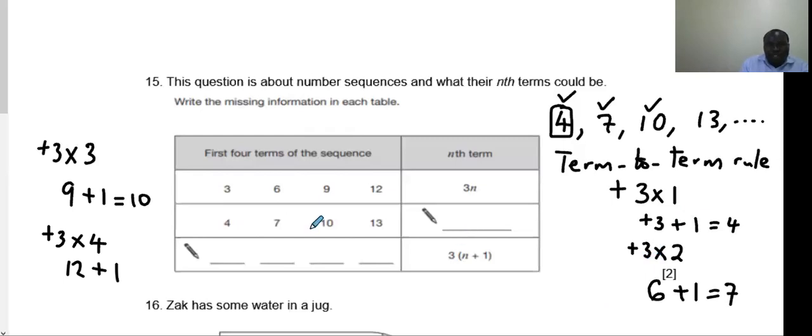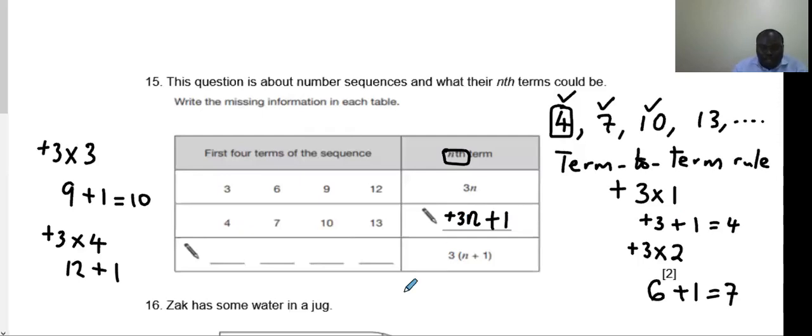So what do you think will be the nth term? The nth term will be the term to term rule, which is positive 3 times the position number for the nth term, which is n. So 3n, then plus 1. So even this will be plus 1.